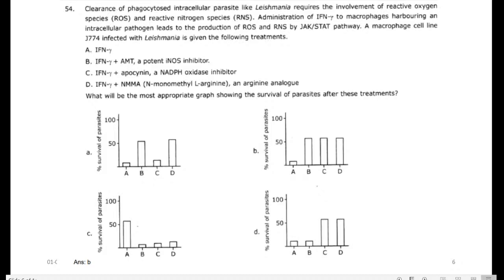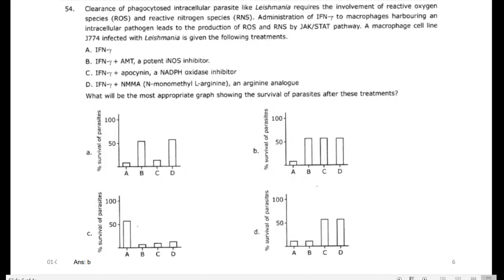In this case, first they inject only interferon gamma, then AMT, then apocynin, and then NMMA. Here, as per their statement, these cells have interferon gamma, which releases ROS and RNS.